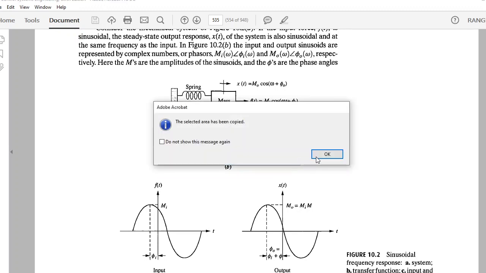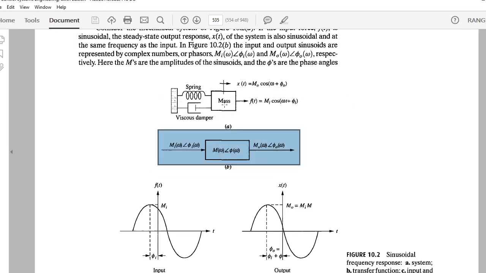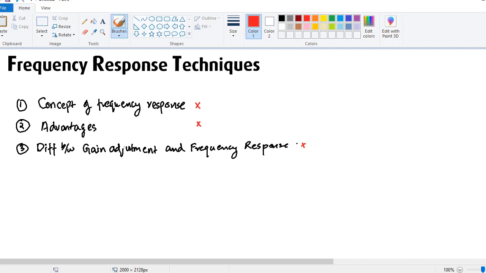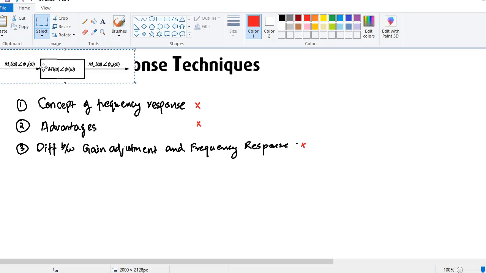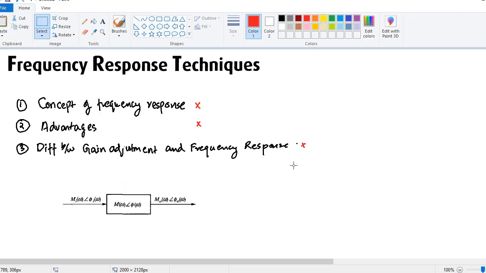They have chosen a mass spring viscous damper system. It can be any control system. So if you take this system, let's take this as a control system, we know that this here is our input and this here is your output.